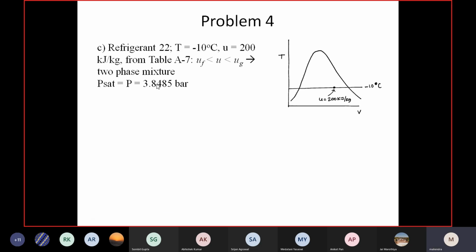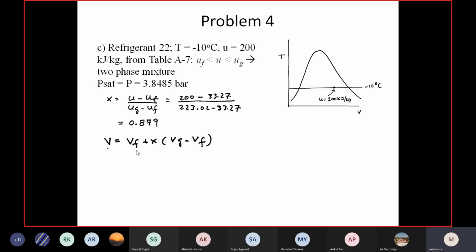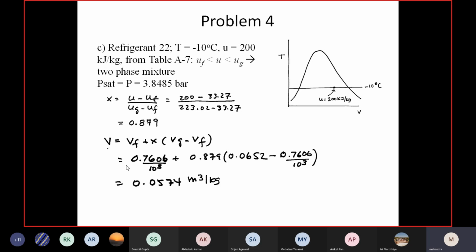So now by using this internal energy formula, we will be calculating this dryness fraction. This dryness fraction is 0.879. That means this point is close to the saturated vapor line, roughly we are placing it over there. Then we are calculating the specific volume.